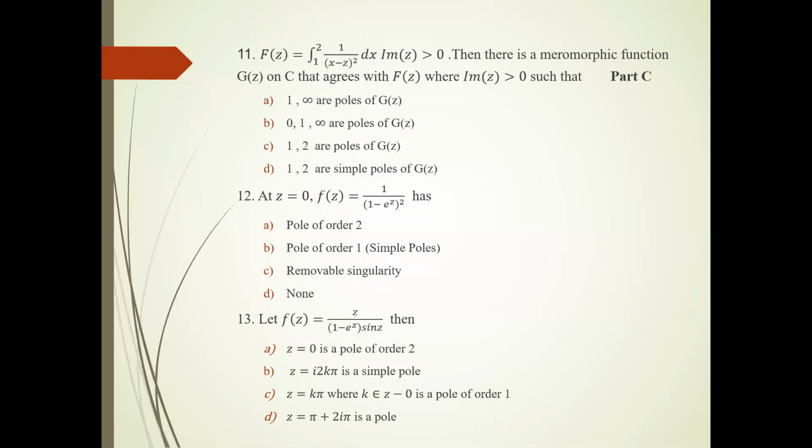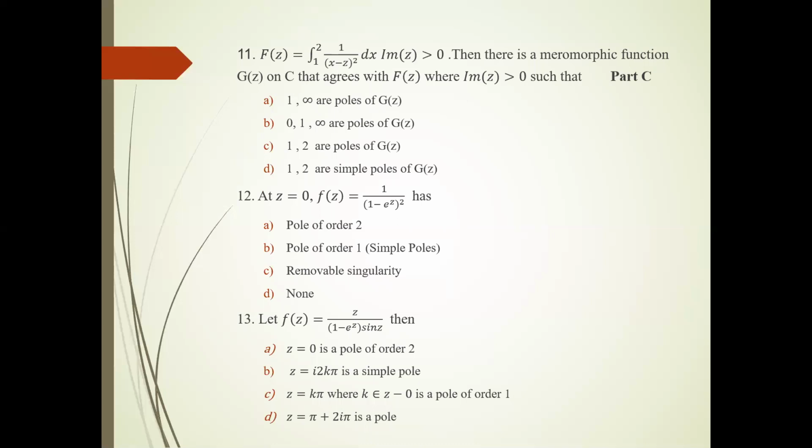This question belongs to part C. All remaining questions are multiple choice questions, and this is a multiple select question. Question number 11: f(z) is equal to the integration from 1 to 2 of 1 upon (x minus z) whole square dx, imaginary part of z greater than 0.